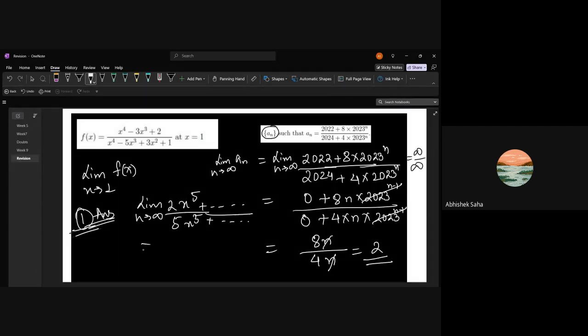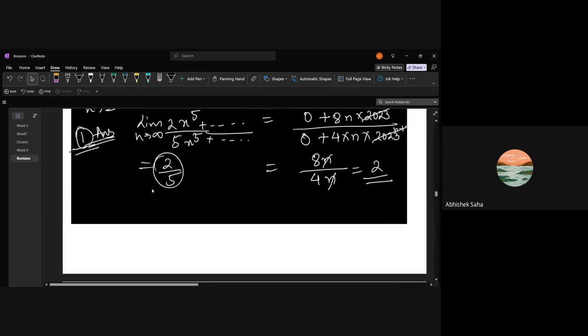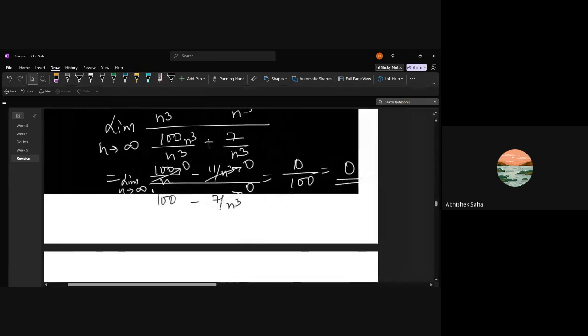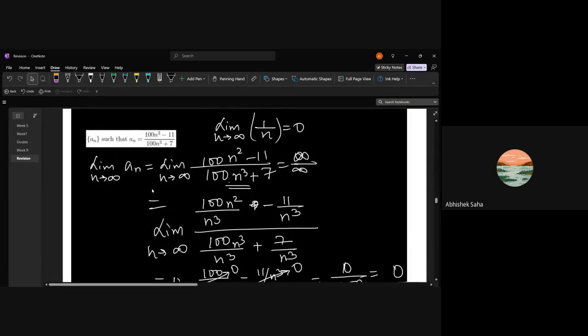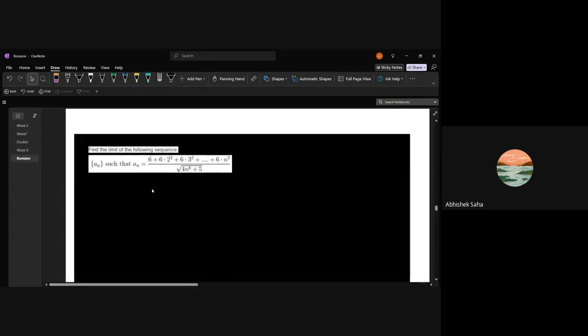So what will be the answer? 2 by 5. Yes. The coefficient ratio will be the answer, because we have used n tends to infinity, divided by the highest power, and then used this.